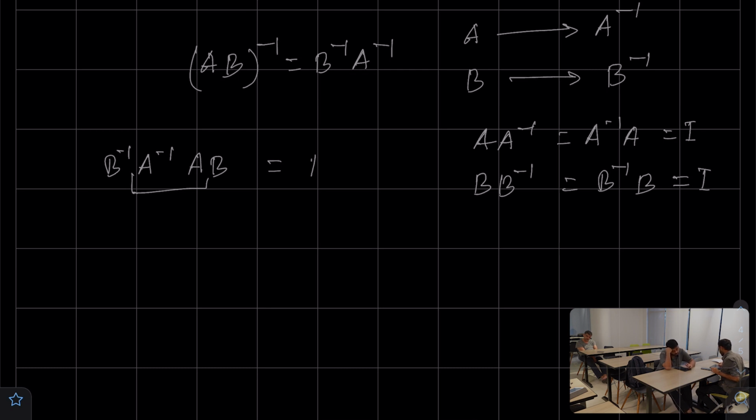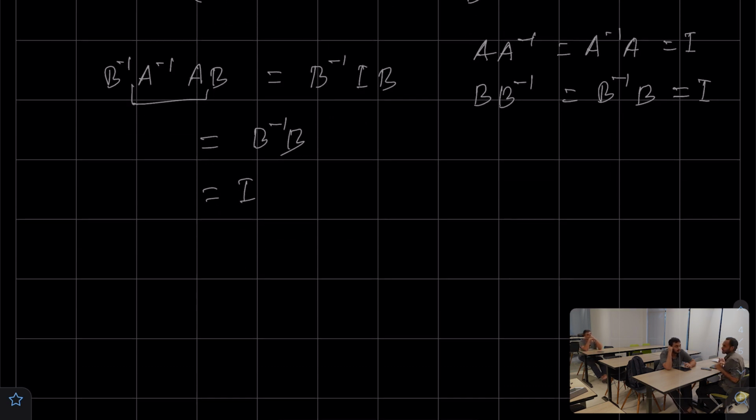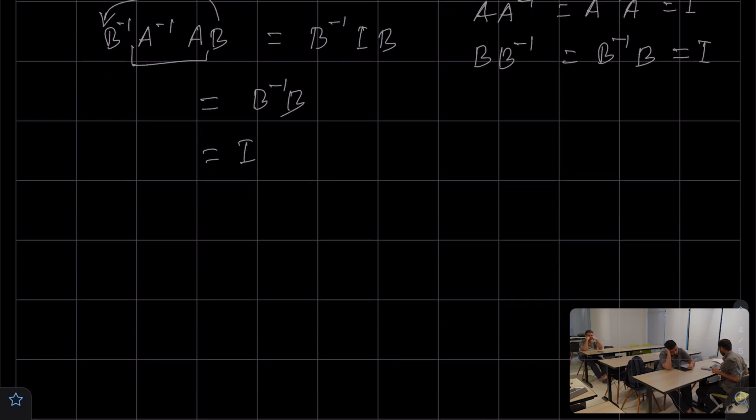Then this is simply B inverse identity B, then B inverse B, and then identity. So the left multiplication is true. Similarly you can show that the right multiplication is also true, because then B and B inverse will be multiplied first.